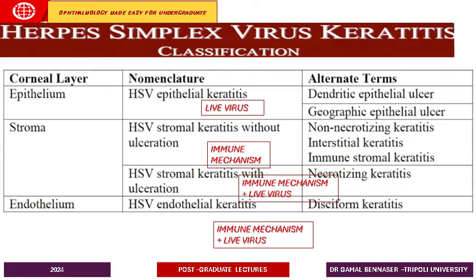And this is very important to strategize your management plan and know when to use steroids and when not to use steroids, and also when to use topical antivirals and when not to use them.